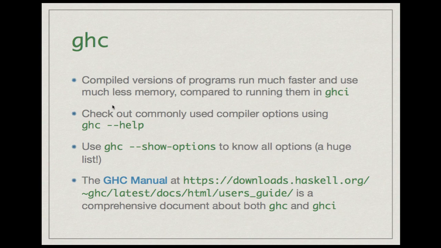You can check the various options that GHC offers by typing ghc --help in the terminal. You can use ghc --show-options to know all the compiler options that you can provide to GHC, but this is a huge list. If you want to know more about GHC and GHCi, you can consult the GHC manual at this URL, which is part of the official Haskell page.